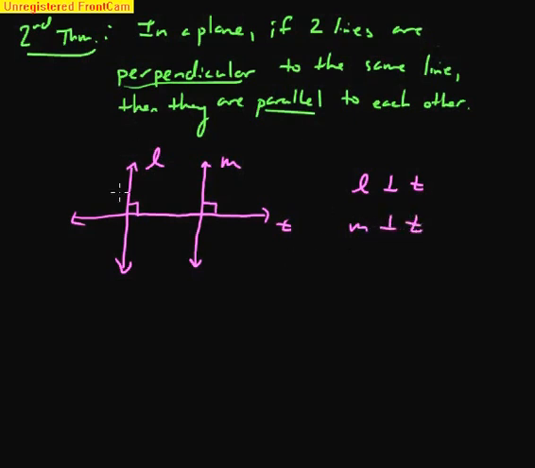So the question is, what can we say about L and M? Well, I would draw your attention to where I put the right angle boxes. We need to identify what kind of angles those are. Let's label them 1 and 2. What kind of angles are 1 and 2? Well, if L and M are your two lines and T is your transversal, 1 and 2 are corresponding angles.